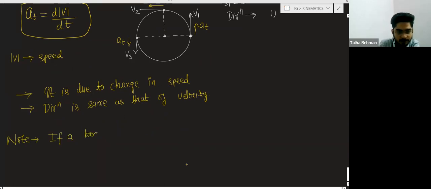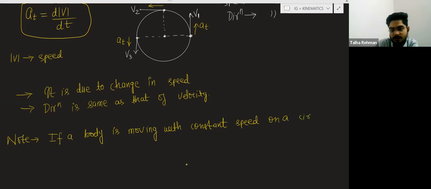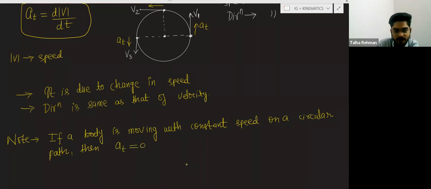If a body is moving with constant speed on a circular path, then tangential acceleration is equal to 0, but your centripetal acceleration will not be equal to 0.